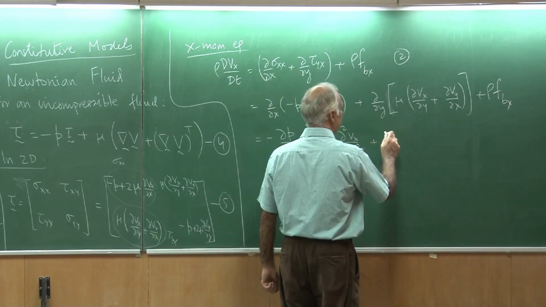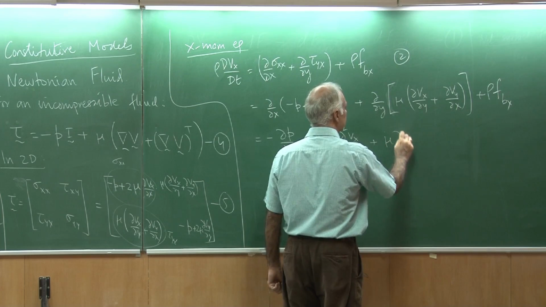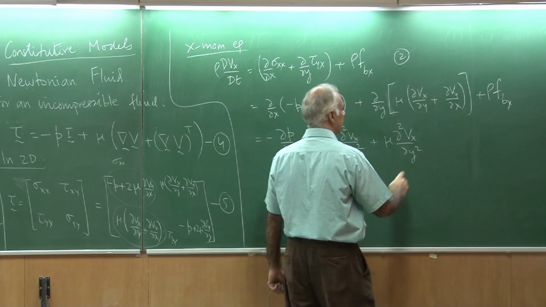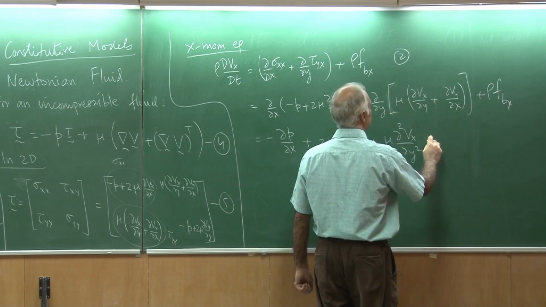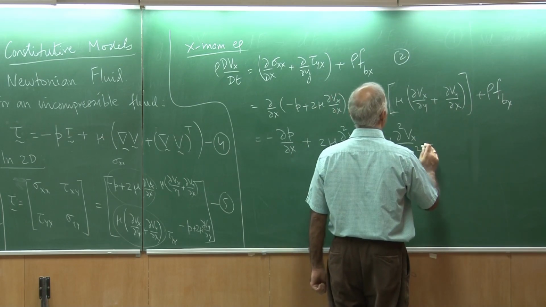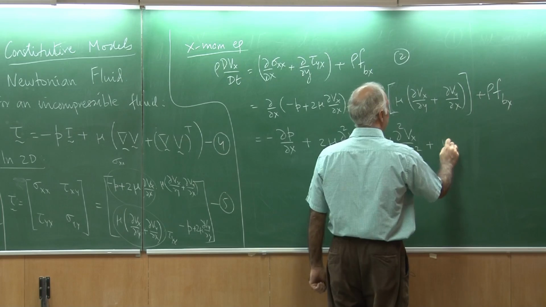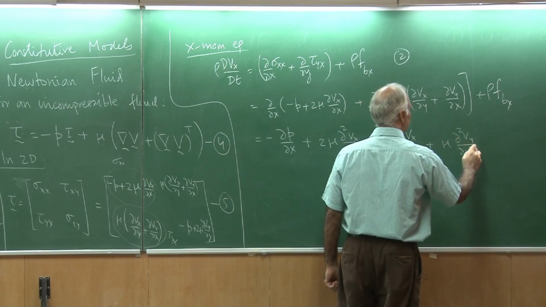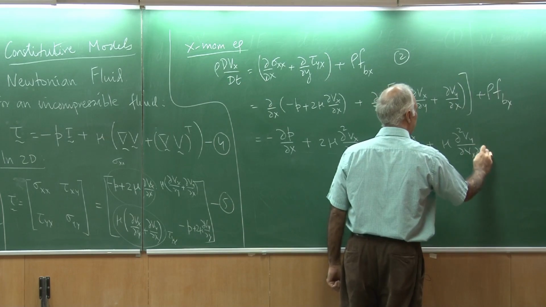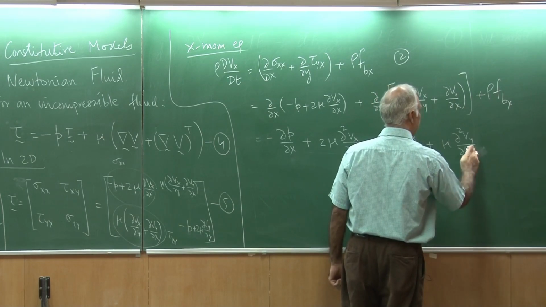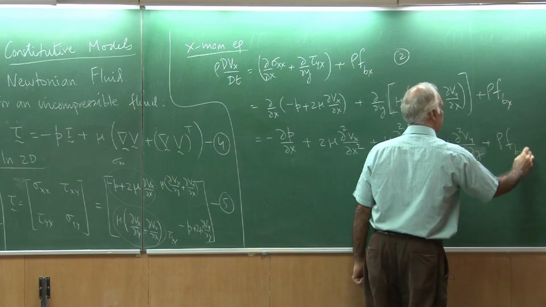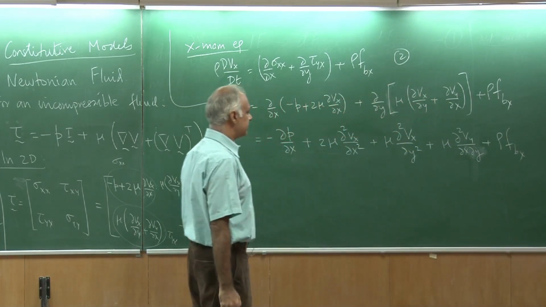So, the term that I get now is mu times del square Vx by del y square plus mu times del square Vy by del x del y, and the force term.